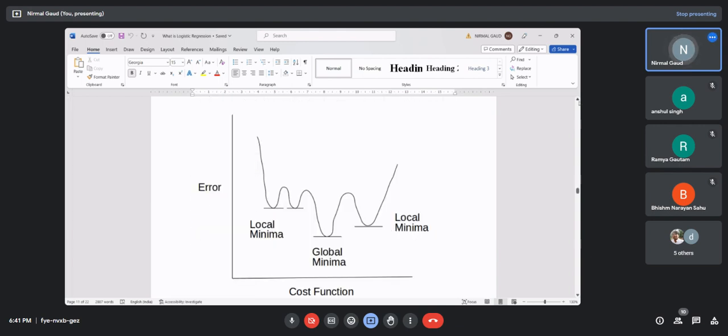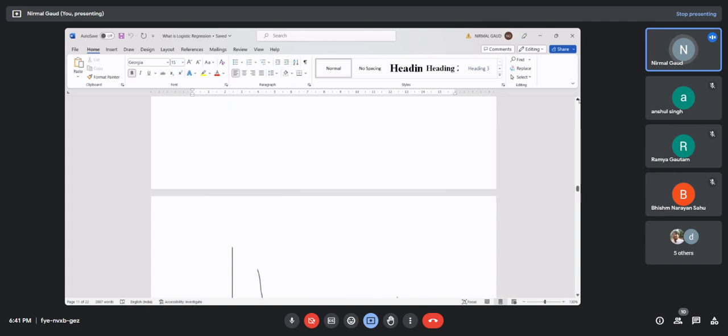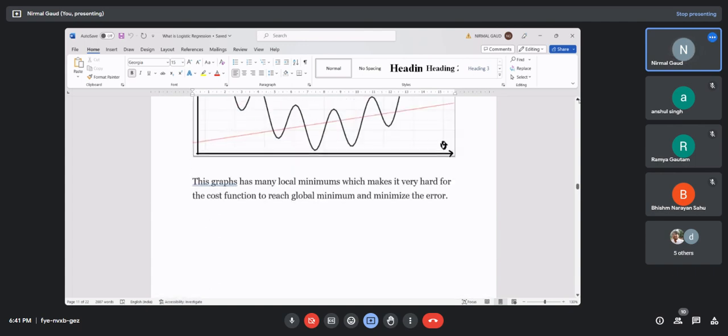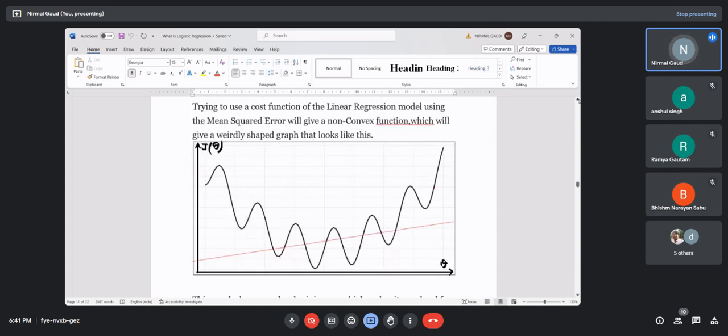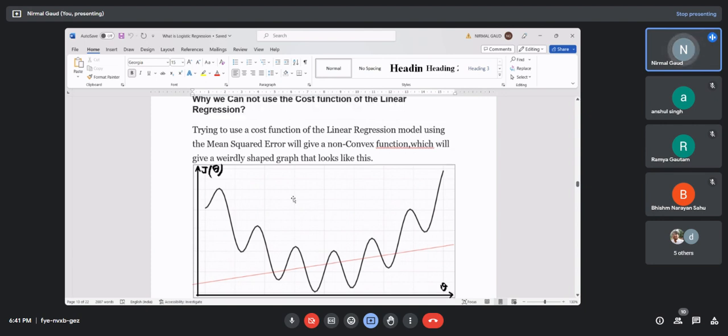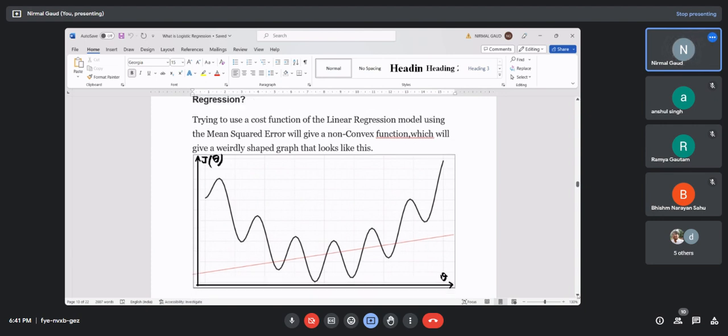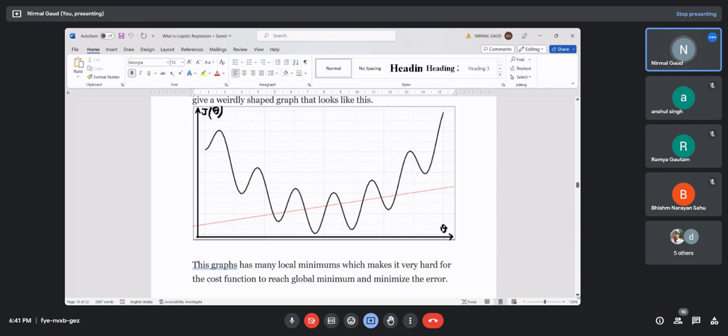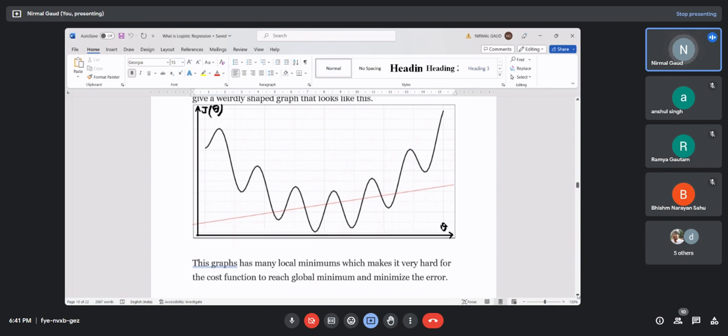I did mention that the linear regression cost function is not applicable to logistic regression, because we have seen one graph related to logistic regression. This graph has too many local minima, and our goal is not to end up in a local minimum. Actually, I want the global minimum, because I need to perform gradient descent, which means I need to go down to find the minimum point.